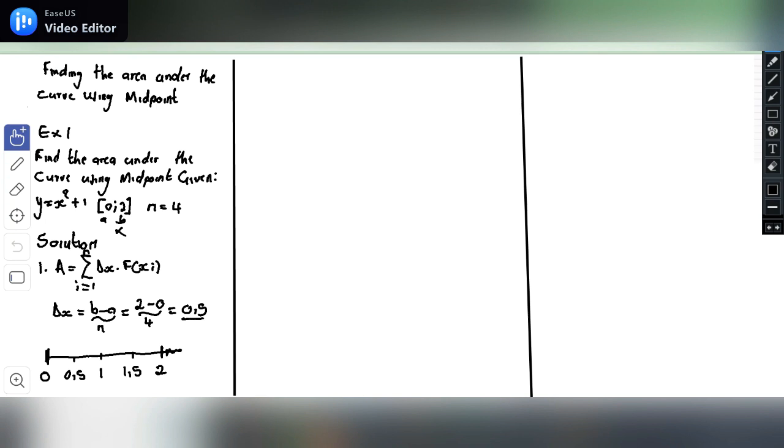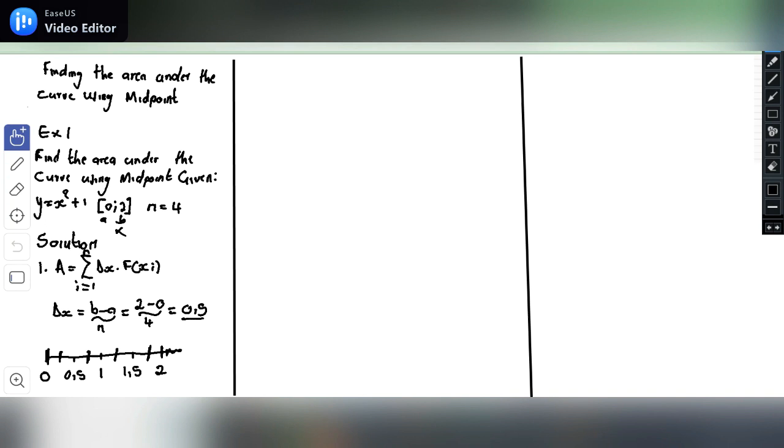In the midpoint, we are going to choose the values between 0 and 0.5, 0.5 and 1, 1 and 1.5, 1.5 and 2, meaning we have to find these values here. This is finding the midpoint, right?